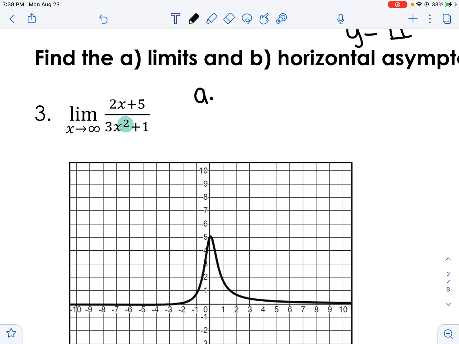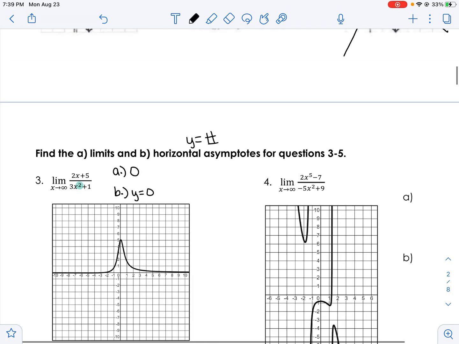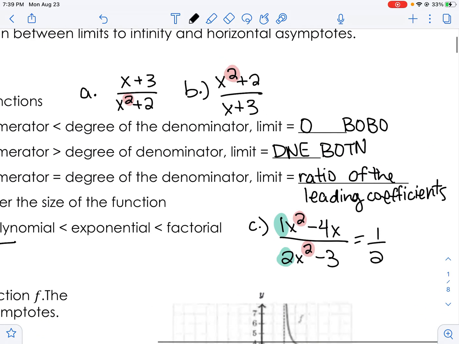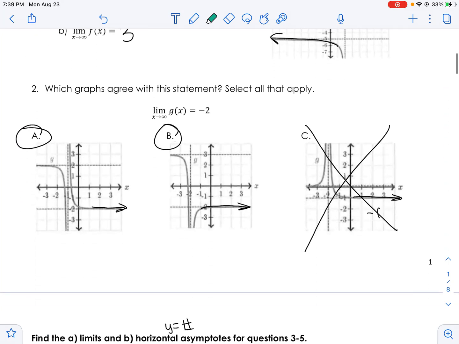When it's bigger on bottom, the limit is equal to 0, and the asymptote is equal to 0 as well, so y equals 0. I pulled this information from up here. I forgot the last one, which is EATS DC. These are the acronyms I'm referring to.